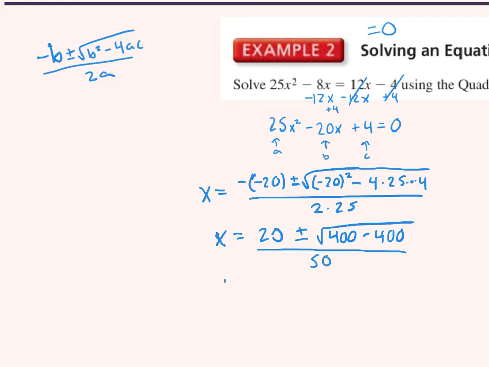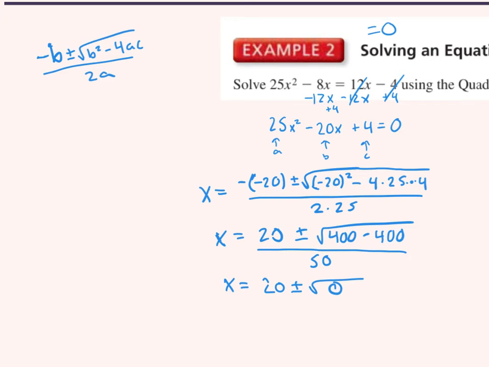So this is x is equal to 20 plus or minus the square root. 400 minus 400 is 0. The square root of 0 is just 0. So plus or minus 0 would also be 0.